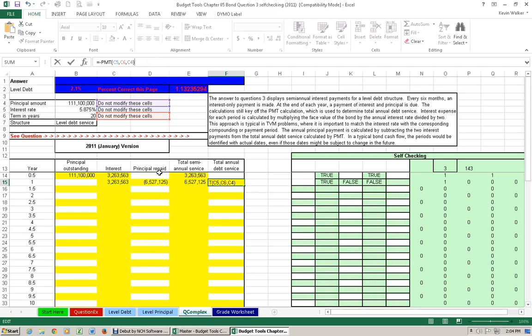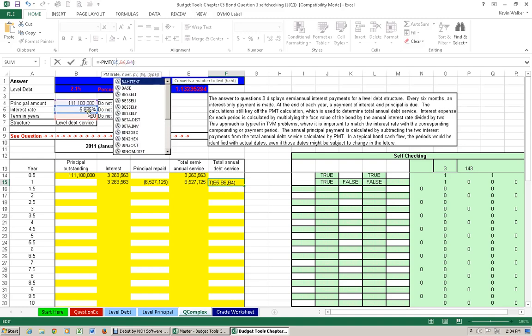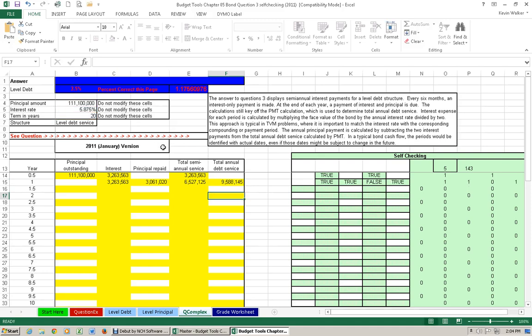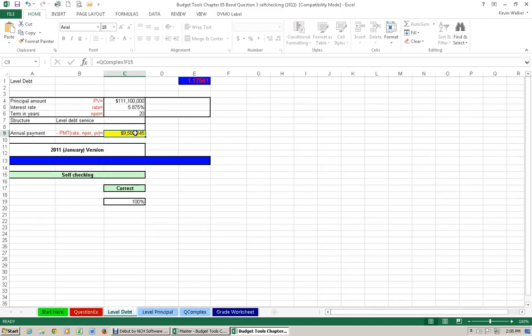Now, these are actually in cell B where they were at cell C earlier. So I'm just going to go ahead and change these to B to reference the data that's up here that actually starts in cell C. And I'll do the math. Now, 9,508,145, which is the same as is here.